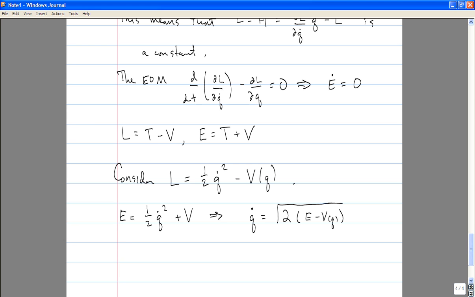And because I've taken a square root, this equation is solved whether I put a plus or a minus sign in front of the square root. And this equation determines the motion completely.